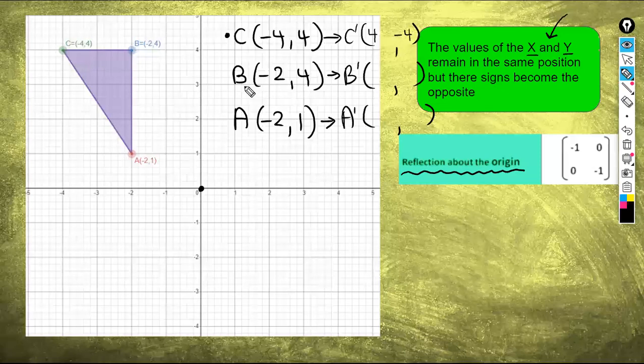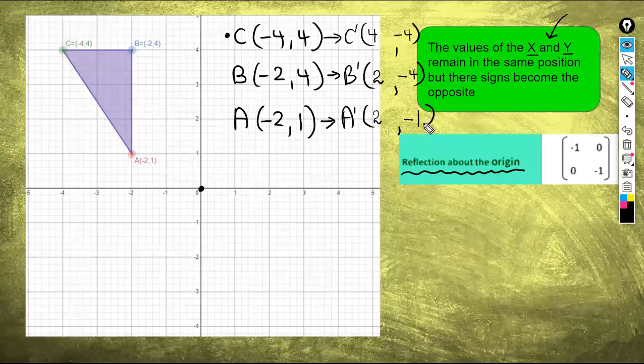Let's do point B. If you reflect it through the origin, the minus 2 and the 4 stay in the same position. Minus 2 becomes positive 2, and the positive 4 becomes minus 4. Each point is becoming the opposite, but not moving. Minus 2 becomes positive 2. Positive 1 becomes minus 1.